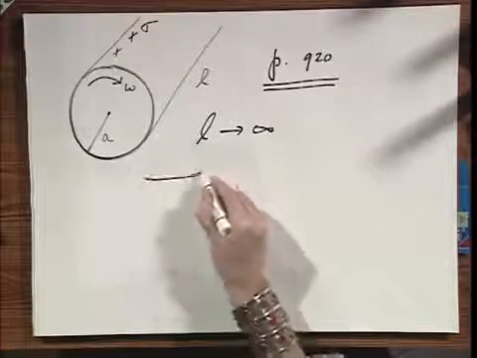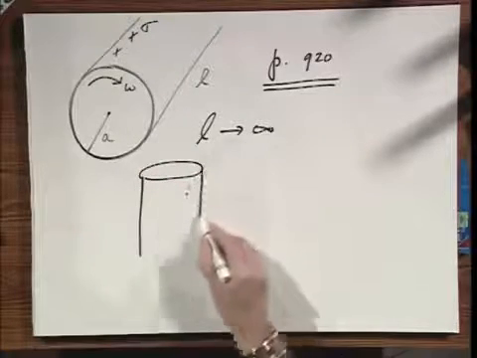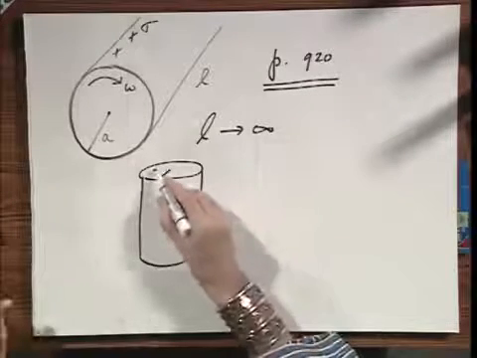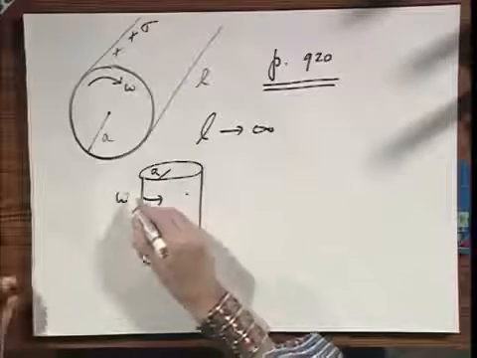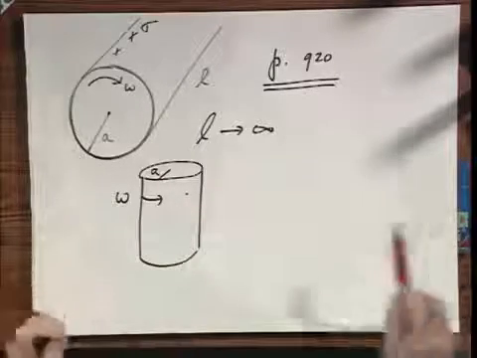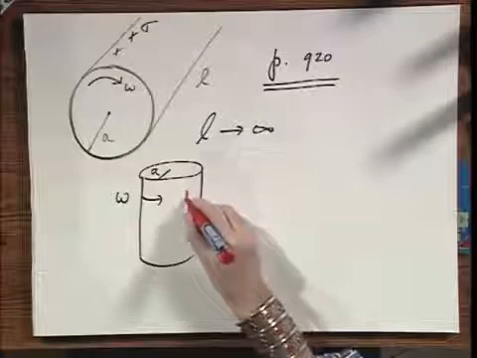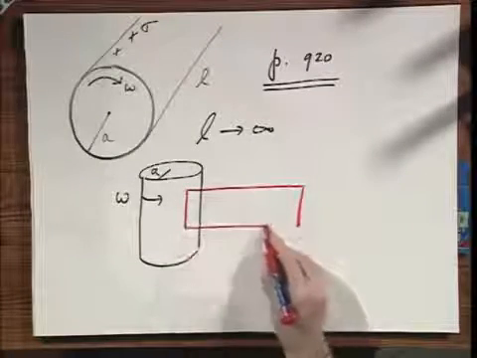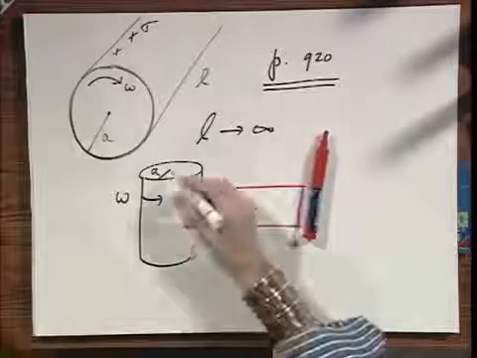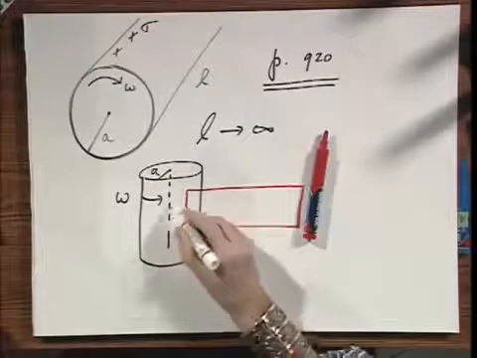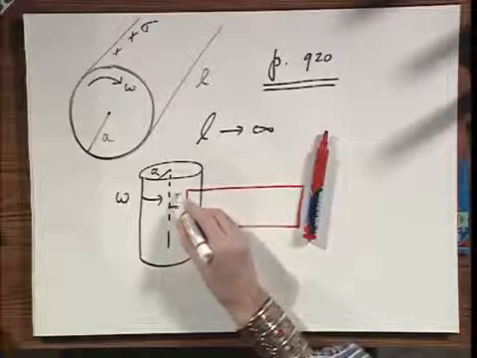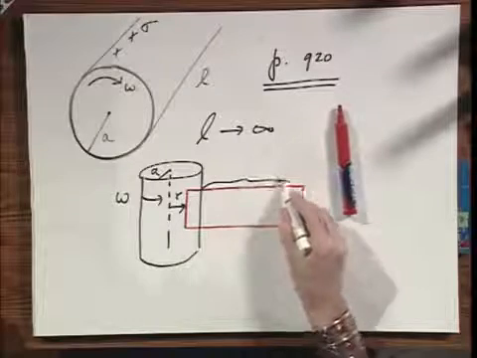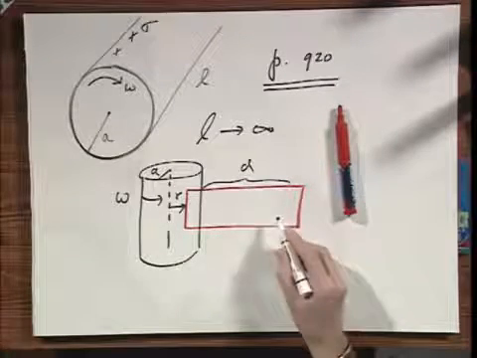Here is another view of that cylinder, and here is its radius A. It's going around with angular velocity omega, and the loop that I'm going to choose is this loop. The loop I choose is at a distance little r from the center line, and this distance d I'm going to make very, very large.